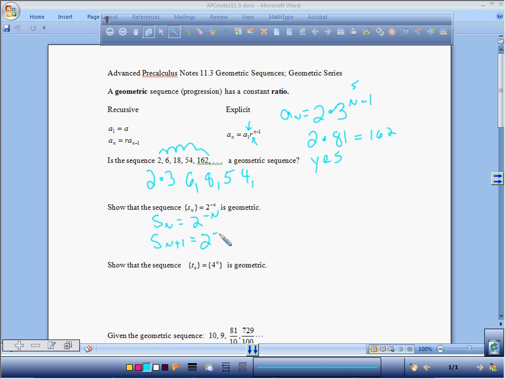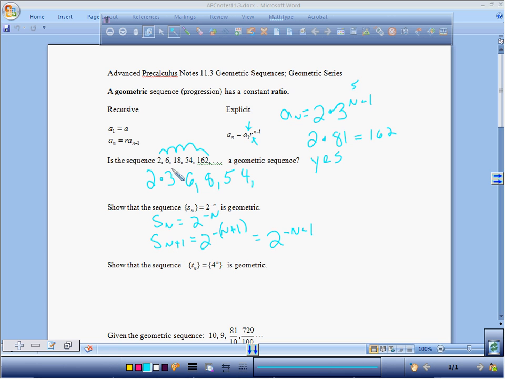Antoine said it. It is 2 to the, I plug in n plus 1 in there for n, which when I simplify that is 2 to the negative n minus 1. You understand that? That would be the next term in this particular sequence.